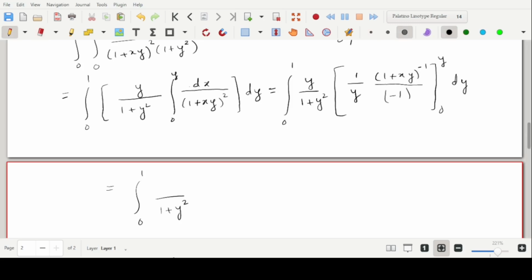Okay, so 1 over y square. Some simplification, and this negative sign can get absorbed in here, so we can change these limits at the expense of this negative sign. So we can write this as 1 over (1 plus xy), 0 to y, dy.